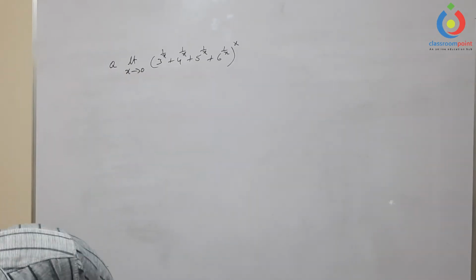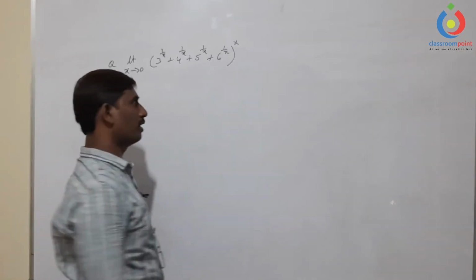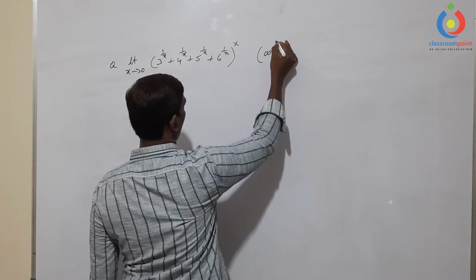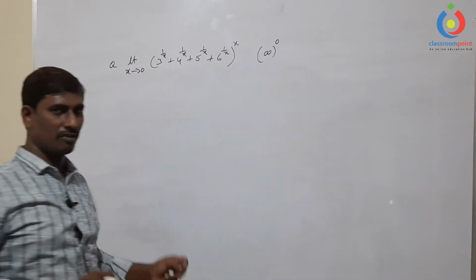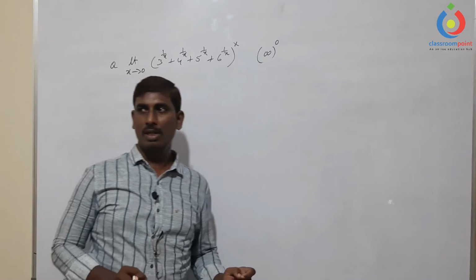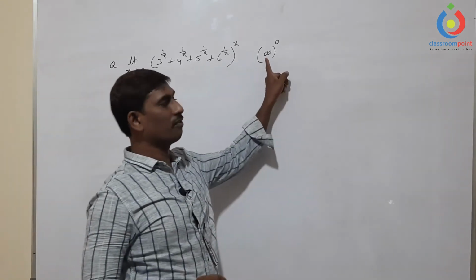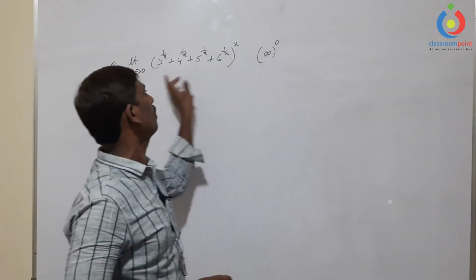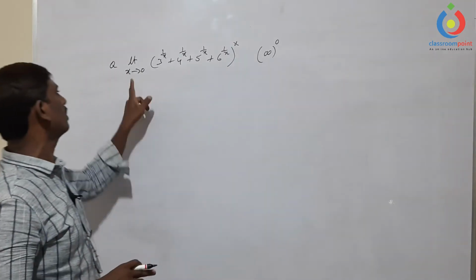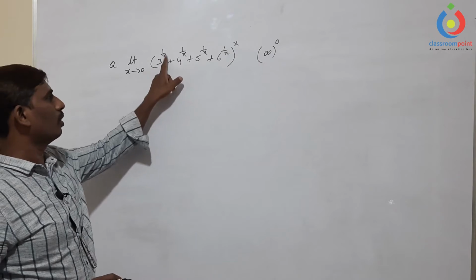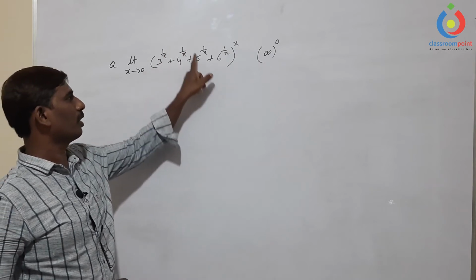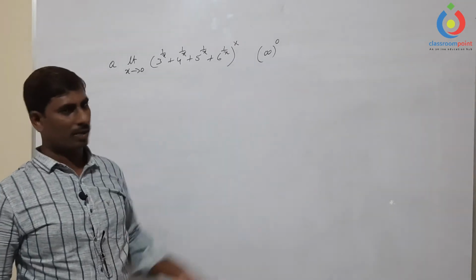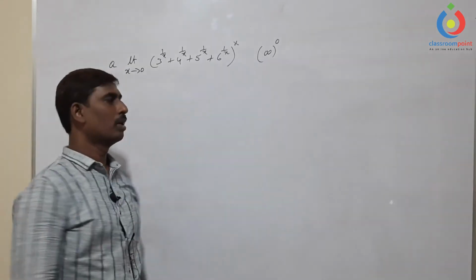Sir, first of all, is it infinity power 0 or not? If it is infinity power 0 form, then it is applicable. If it is not infinity power 0 form, it will not be applicable. Just check it once. Apply 0 in the place of x: 3 power infinity, 4 power infinity, 5 power infinity, 6 power infinity. Automatically the total is infinity only. Infinity power 0 form.